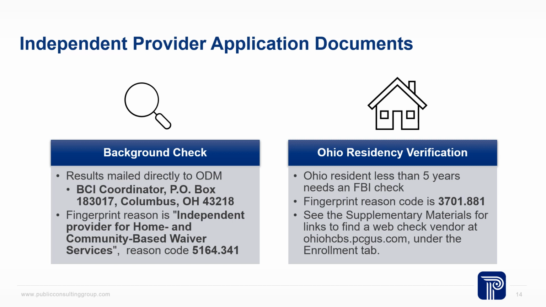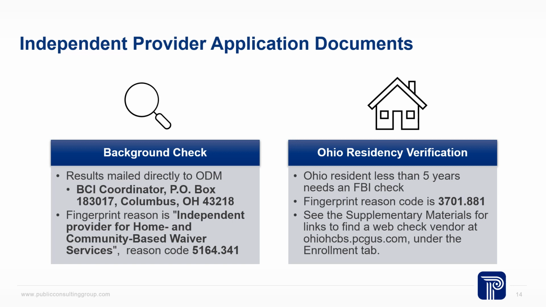The web check location will ask for the fingerprint reason for the background check. Tell them the reason is independent provider for home and community-based waiver services with reason code 5164.341. An incorrect reason code could require a new background check to process your application.